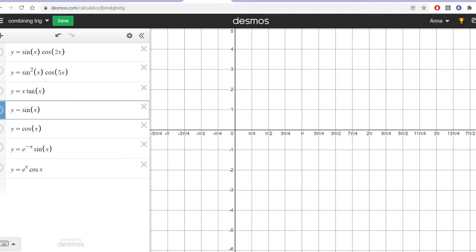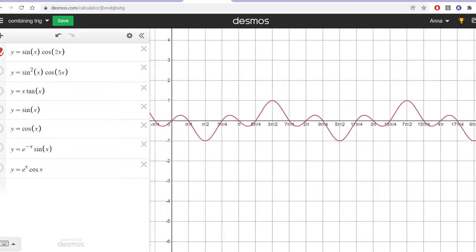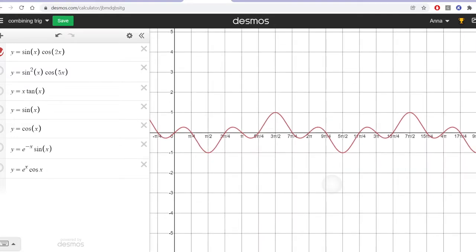But what we're not going to be looking at in this video, but what I think is worth quickly glancing at, is things like this, sine of x times cosine of 2x. There are things in the world that can be modeled by situations like this, something that goes up, goes down, goes up, then goes further up. It doesn't have the exact oscillation that we see with the standard sine and cosine graphs.